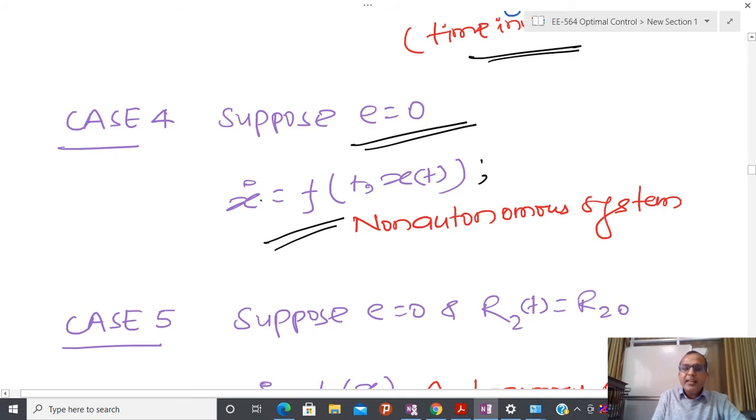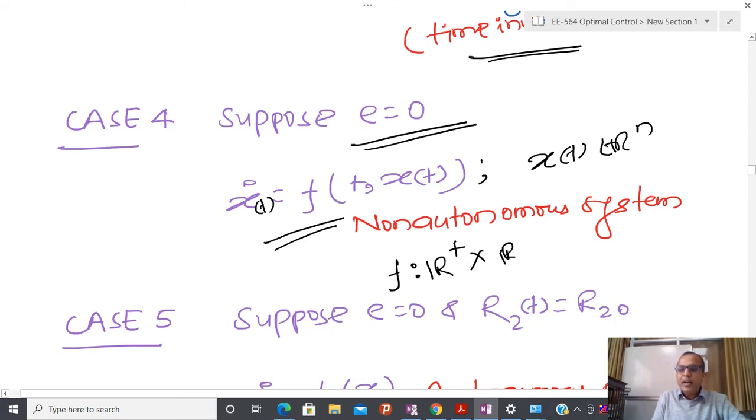Again here you can see that x(t) belongs to Rn, and this function now has only two arguments, R plus Cartesian product Rn, and that is mapped to Rn because that is the differentiation of x.